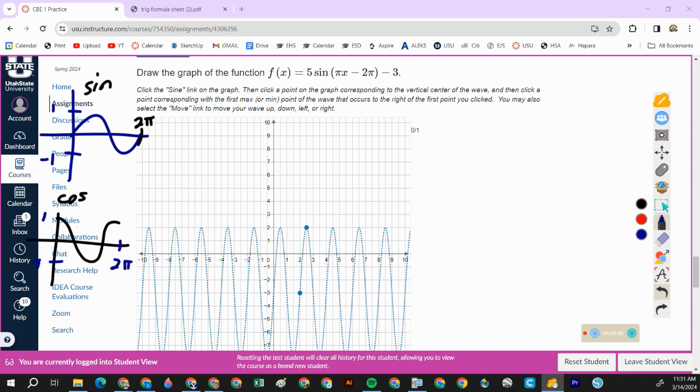The period of any transformed sine graph is 2 pi divided by a, and this number here is a. So the period is 2 pi divided by pi, which is 2. So this sine function is going to go through a full cycle every 2 spaces. So if I were to draw that, it would look like this.